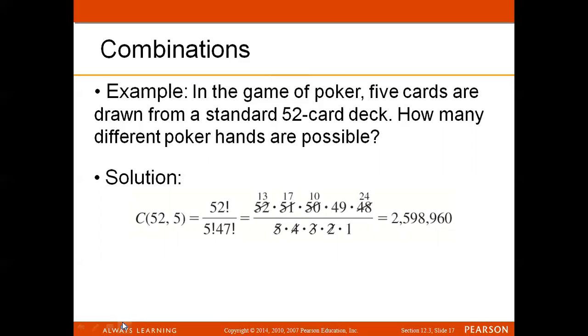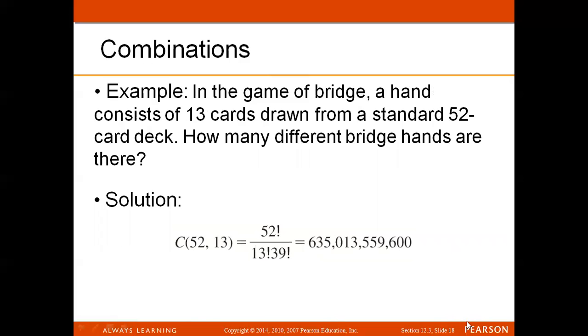So this is a combination 52 choose 5, which is 52 factorial divided by 5 factorial, also divided by 52 minus 5 factorial, which is 47 factorial, for a total of 2,598,960 possible poker hands.